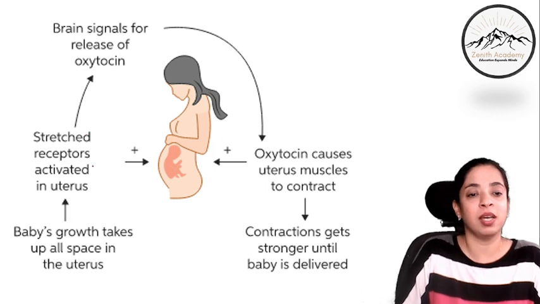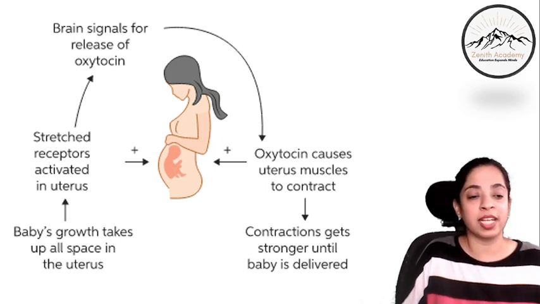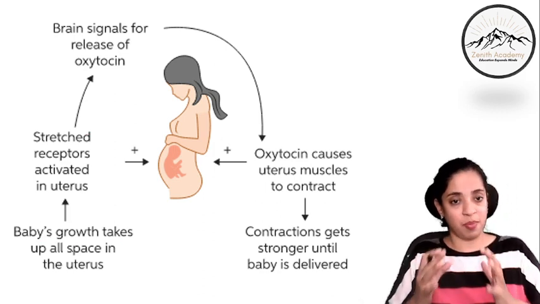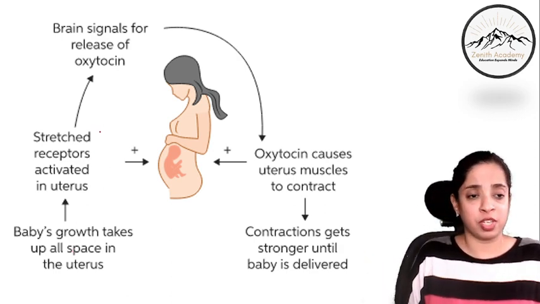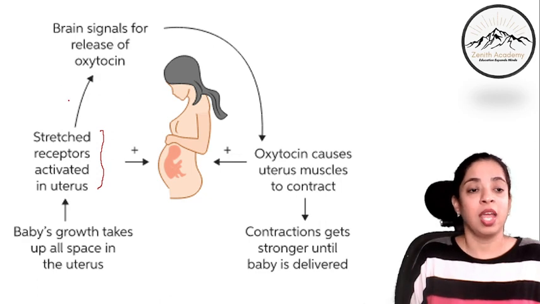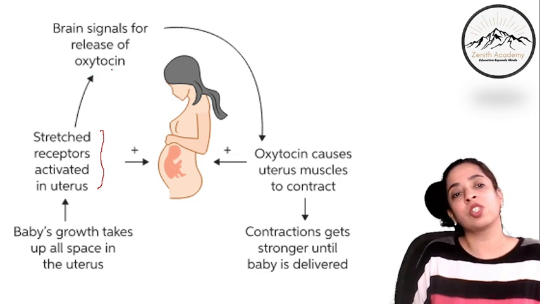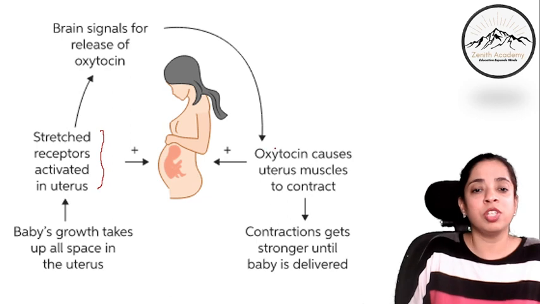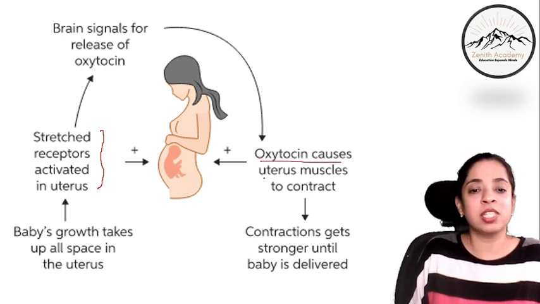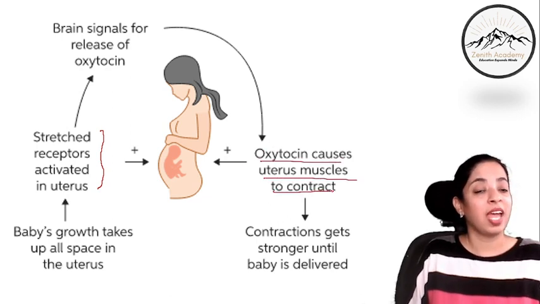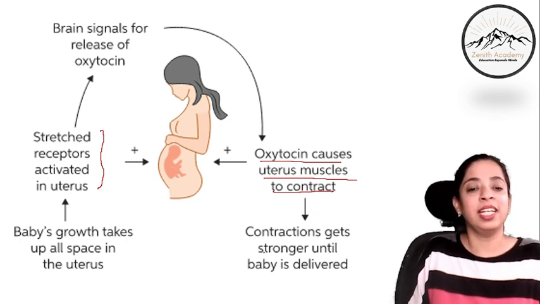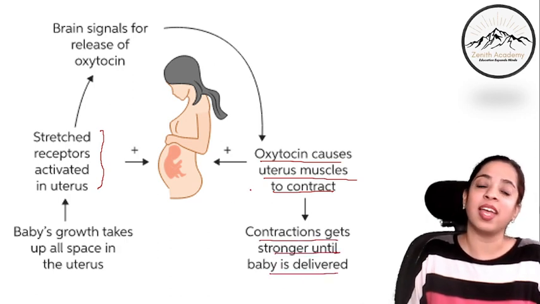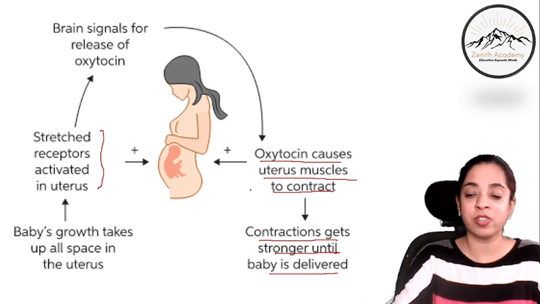So what happens here? See, the baby's growth takes up all the space in the uterus. As the baby is slowly growing, the stretch receptors are activated in the uterus, and then the brain signals for the release of oxytocin. As the oxytocin is released, it causes the uterus muscles to contract, and these contractions get stronger until the baby is delivered, and hence the baby is delivered with the help of oxytocin.